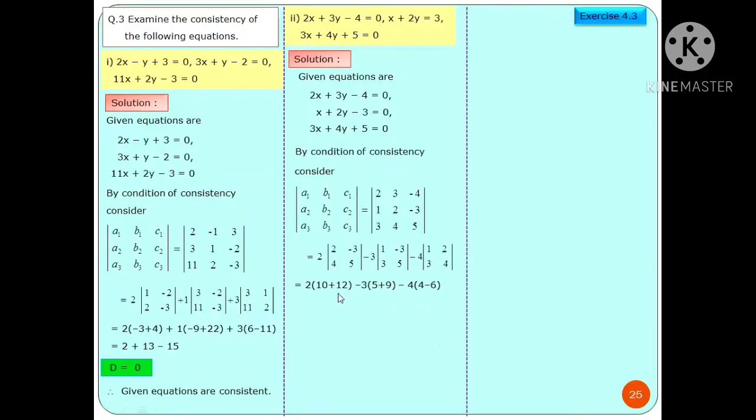Next calculation: 12 plus 10 is 22, 22 doubled is 44. 5 plus 9 is 14, 14 times 3 is 42. And last, 4 minus 6 is minus 2, times minus 4, it must be plus 8.